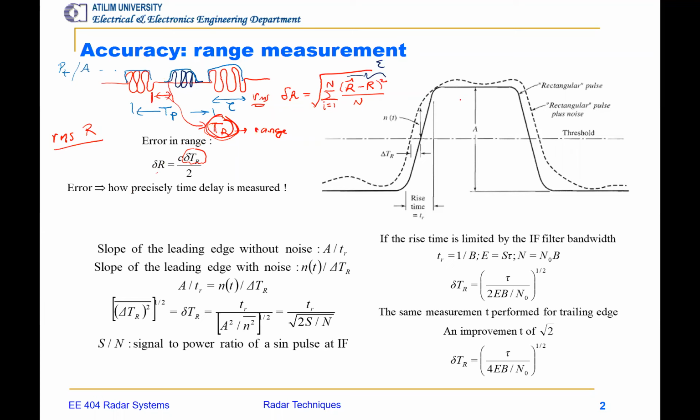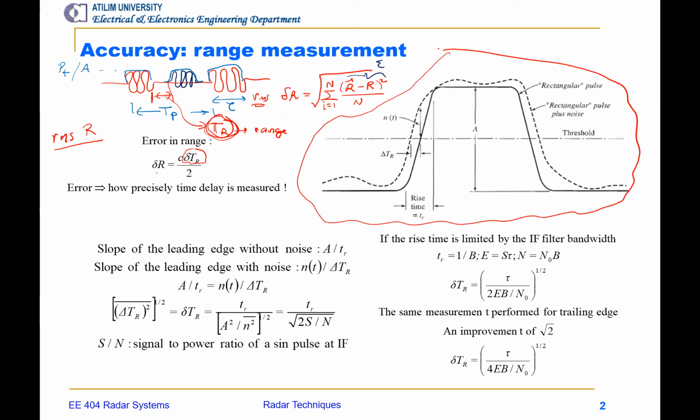Now, on the right-hand side, we got two pulses. These are not purely rectangular, smoothed pulses, which is quite realistic because in practice we do not have a perfect rectangular pulse. There's always a rising and leading edge. And if we do not have any noise, then we expect a smooth pulse, as shown here, a solid curve.